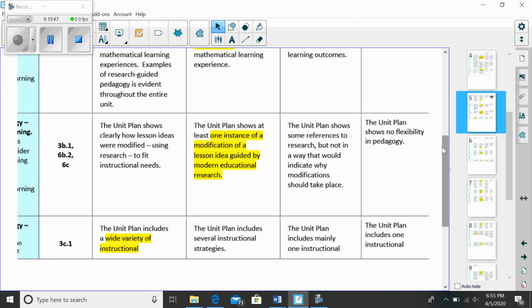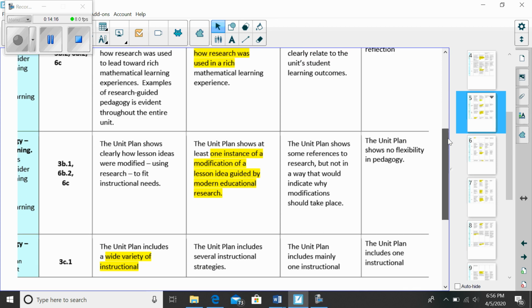Because the research said that when I teach functions, multiple representation is so important, therefore I modified this lesson and added a greater variety of examples in order to have an example for each one in the rule of 4. That would be the kind of thing you would want to do for this section.